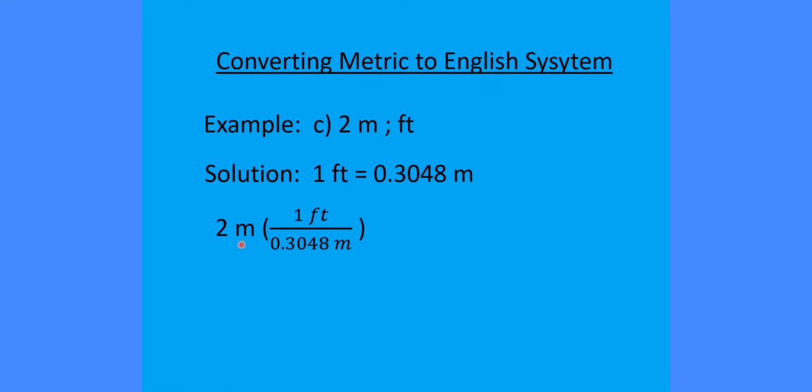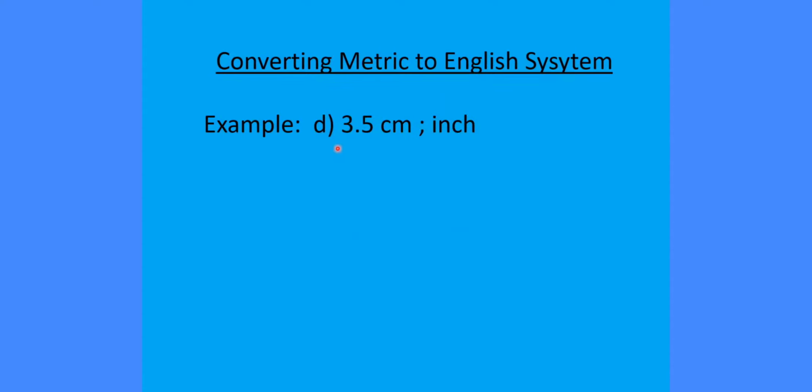So the given value, 2 meters, is multiplied by the ratio 1 foot over 0.3048 meter. Then cancel the unit, meters. The unit remaining is foot or feet. Then multiply 2 and 1. Then over 0.3048. Copy the remaining unit, which is foot. Then the result is 6.562 feet.